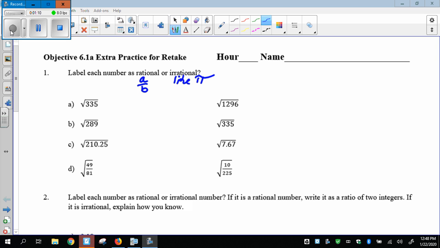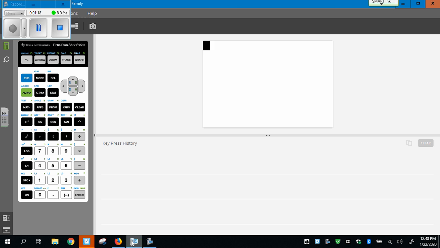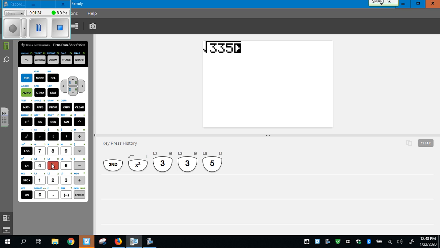So to check to see if this is a rational number, let's go ahead and do the square root of 335 on our calculator, and then look at the decimal. If we see that it looks like pi, where this number doesn't seem to have a pattern, it starts with kind of a pattern, but then it keeps going on with no real pattern, so we're going to say that this is an irrational number.